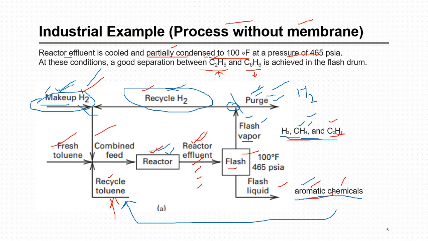So if we install some separating unit here at this point, after flash vapor are separated from the flash tank, you bring it to some separation unit, and if that separation unit can separate hydrogen from methane and ethane, actually your purpose is to separate hydrogen from these two other chemicals, so that will be beneficial for us.